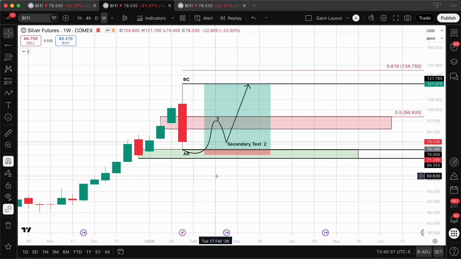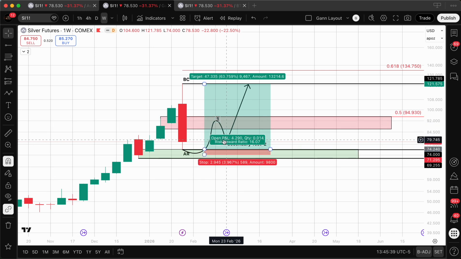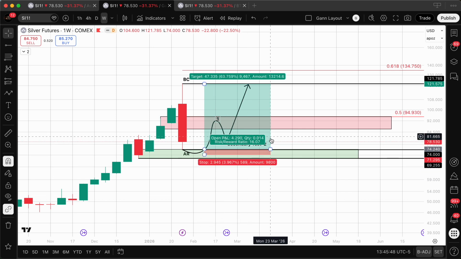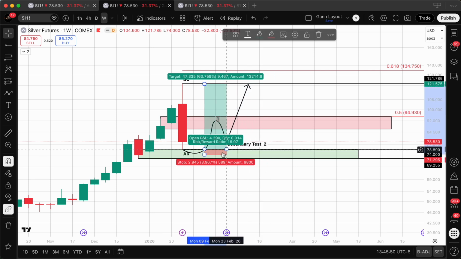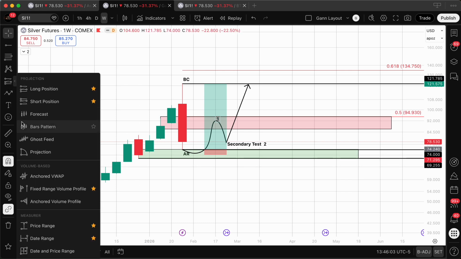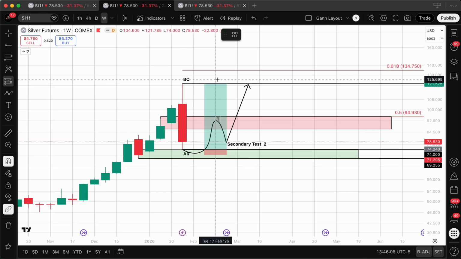What I want to see then is an initial sell-off and a secondary test. And on this secondary test, the low end of the range must hold, and preferably the price should hold above the low end of the range. I still don't know the exact price, but I will give you the Fibonacci levels when I have them.